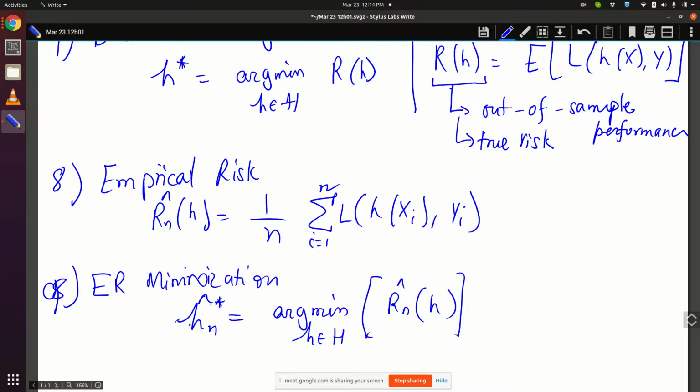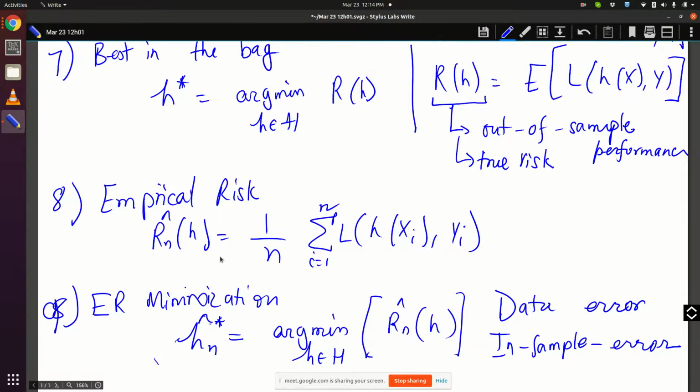What we can only hope to do is h n hat star, which is the minimum risk I can get for the given n samples. This is also called the empirical risk, or data error, or in-sample performance or error. These are all the important things that you need to remember.